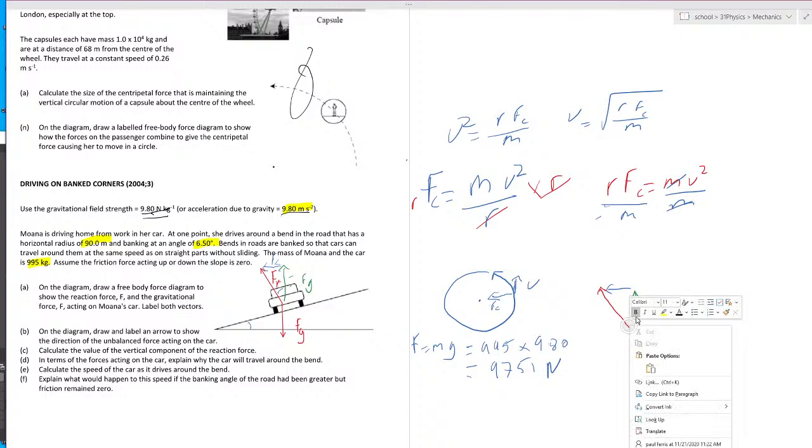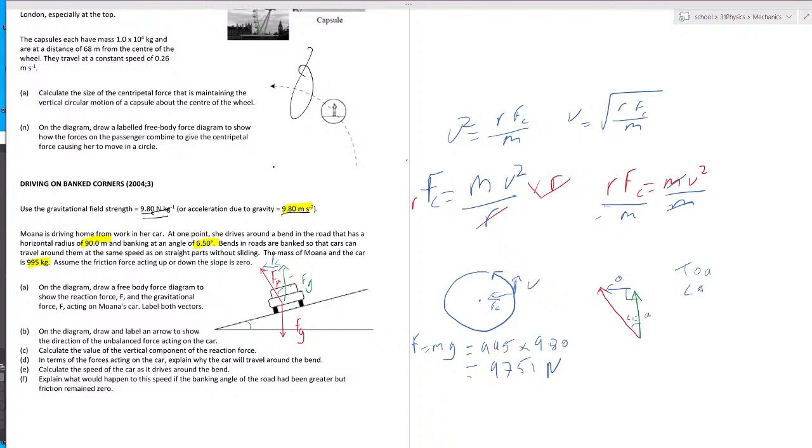We know this angle because we're given it over here. It is 6.5, so theta is 6.5. This is the right angle. This is the adjacent and this is the opposite.